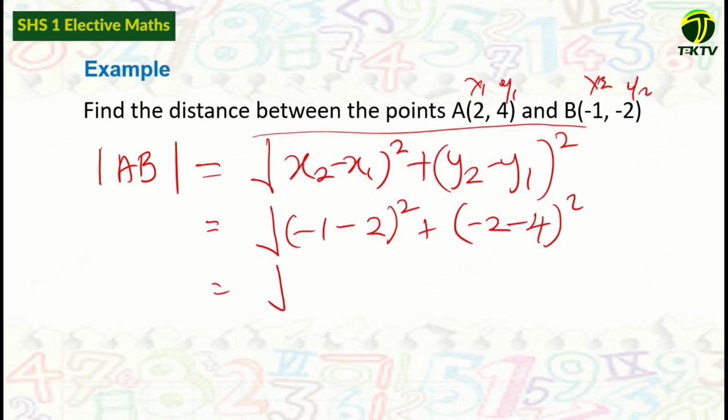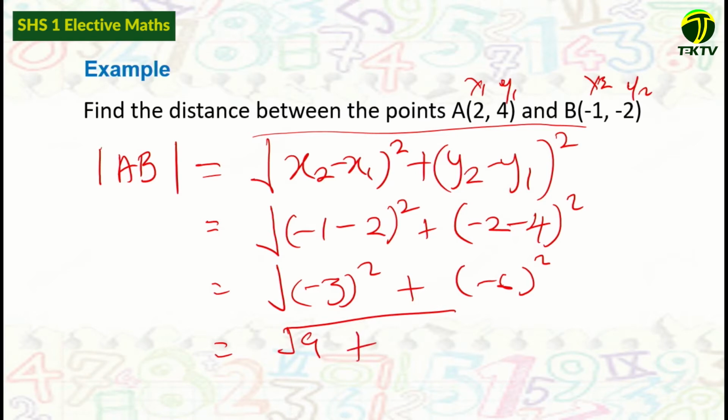-1 minus 2 will give us -3, so you square that as well. Then -2 minus 4 will give us -6. Then you square that too. When you square -3, the result will be 9.